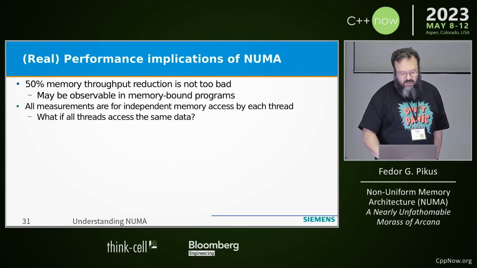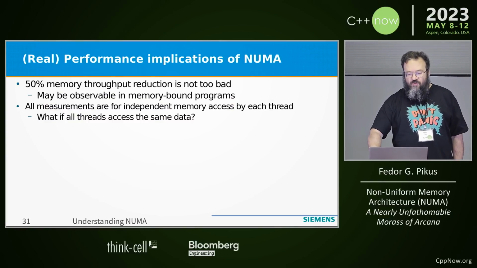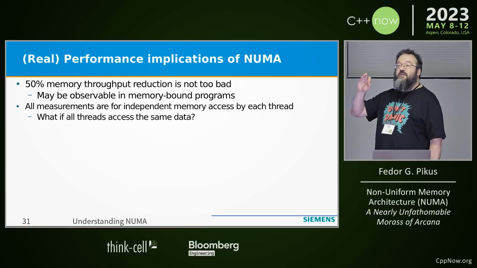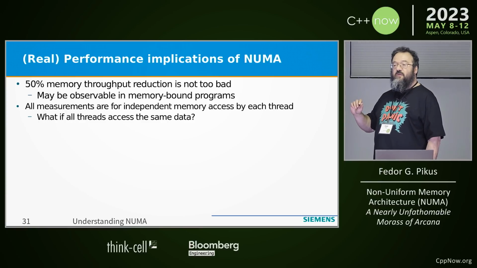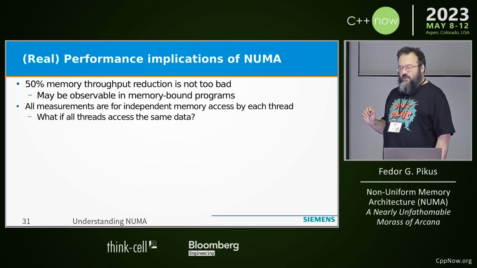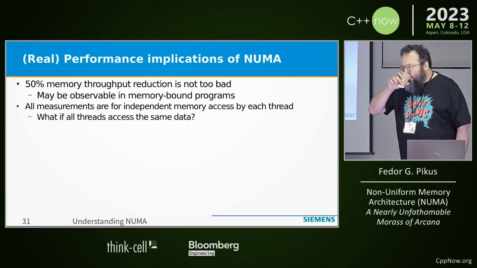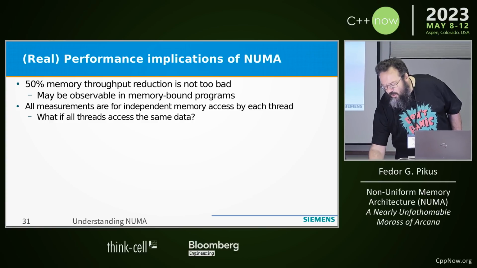Okay, so let's see what happens if all threads access the same data, and again, by the same data, yes? Is the cache line the same size across the interconnect as it would be to the main memory controller, generally? Well, the cache line, like for false sharing purposes.